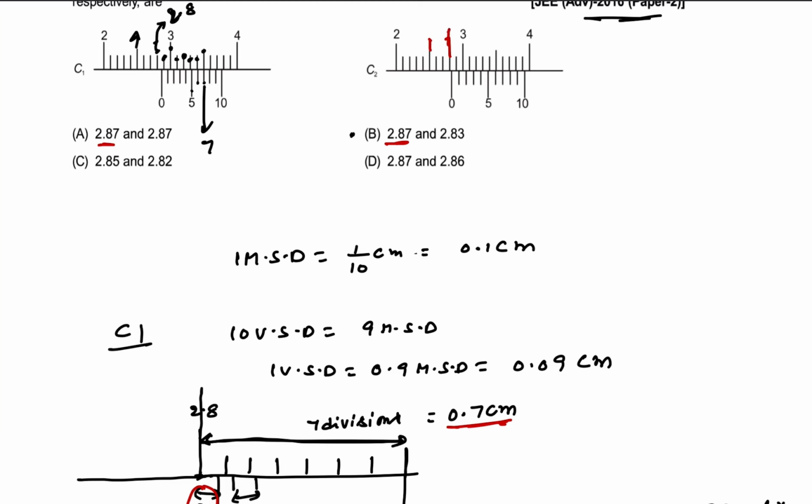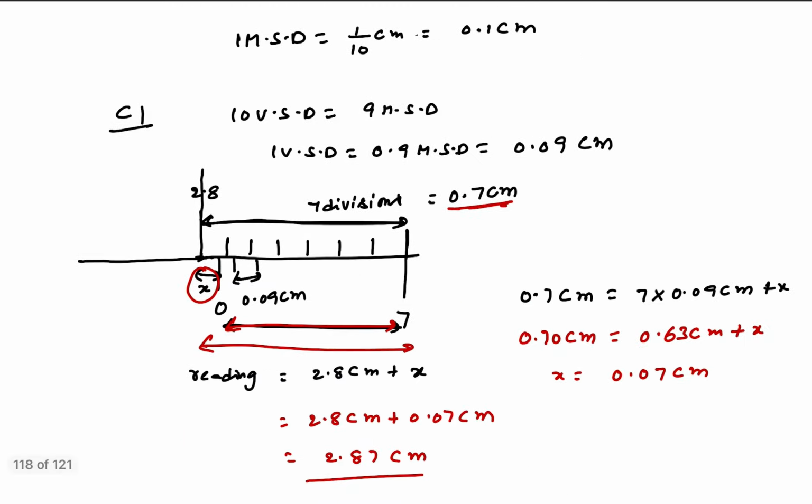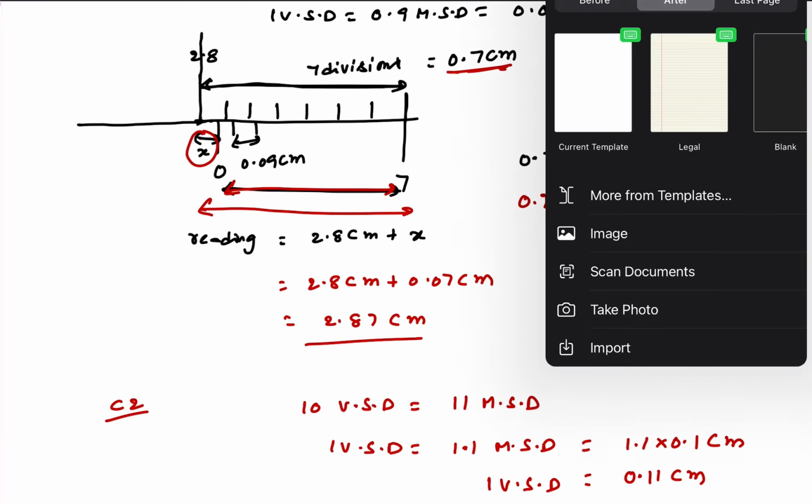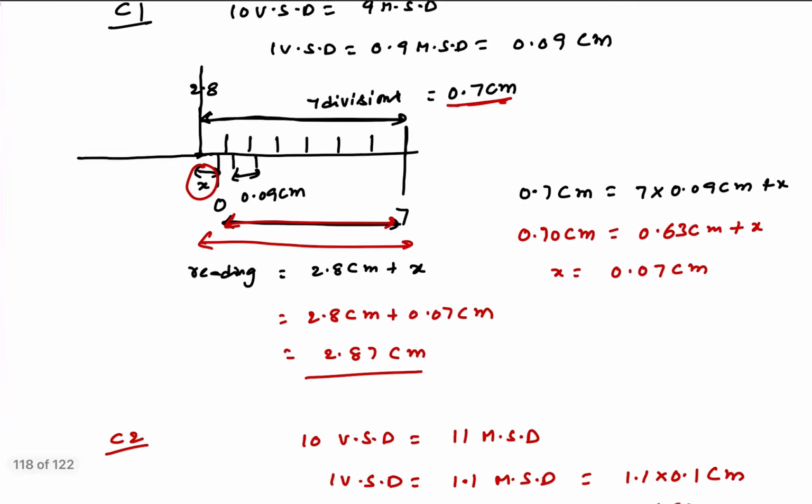Again 2.5, 2.8 is there here, 2.8 centimeters. 0 is here. Which division is coinciding? 5th, 6th, 7th division is coinciding. How many divisions are there on top? 1, 2, 3, 4, 5, 6, 7. This time 8 divisions are there on the main scale. Now for C2 I am writing. If you see that, 2.8 centimeters, 0 division is here.